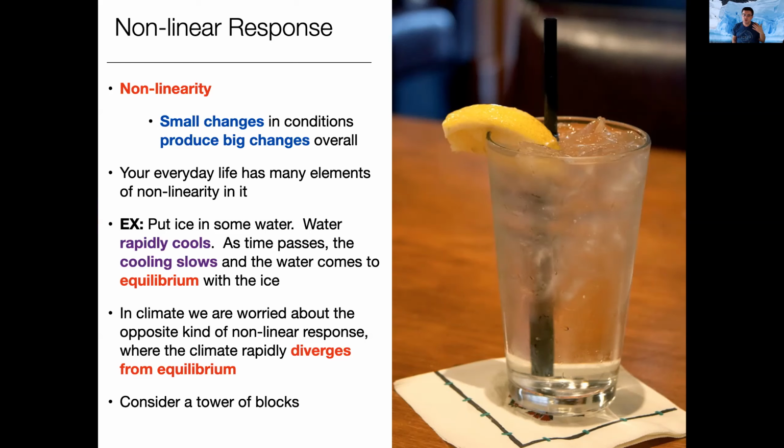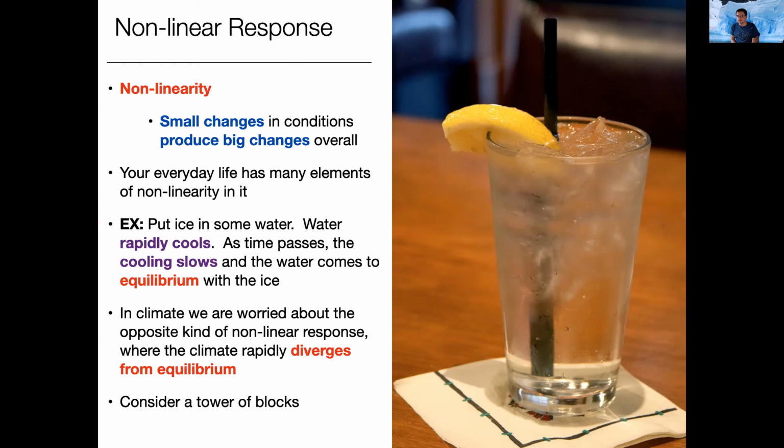Okay? So normally everything behaves linearly or slowly. Now you're used to this. You put some ice in a glass of water, and you just let it sit there. The water rapidly cools when you put the ice in it, okay? But over time, the cooling slows down, because the water has come to equilibrium with the environment around it, and then it slowly cools and slowly cools and slowly cools.